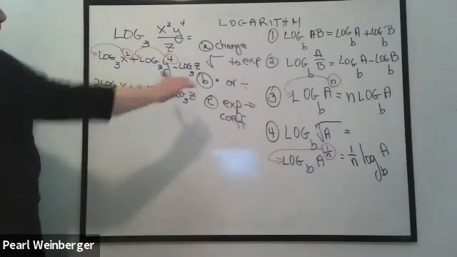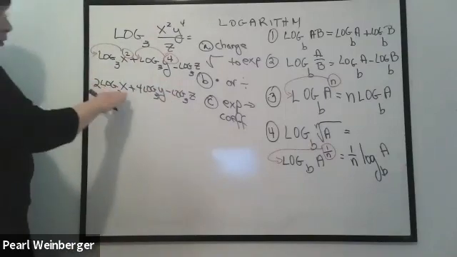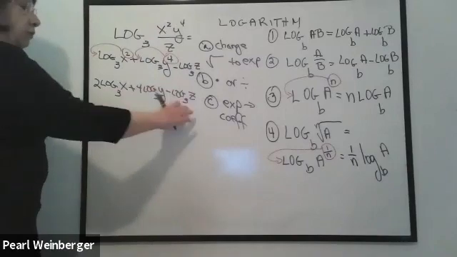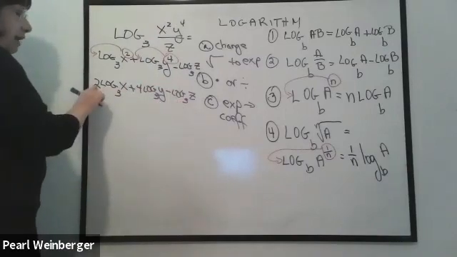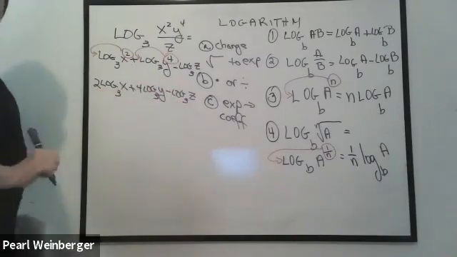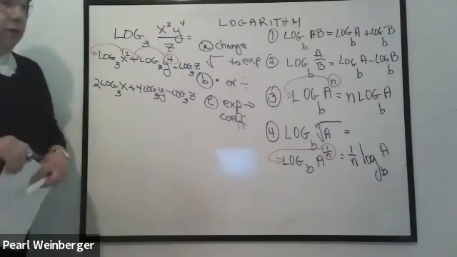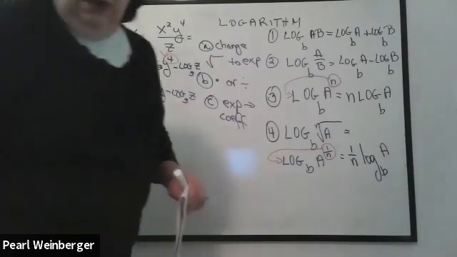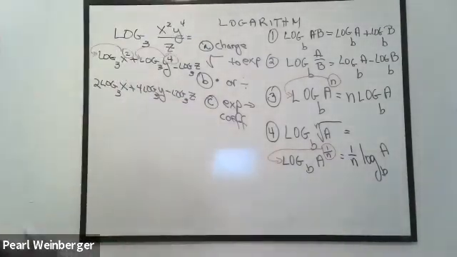That's why it's called expanding. But again, where I had multiplication, I add. Where I have division, I subtract. And where I have exponents, they become the coefficient. Do you think you're ready to try one like this?